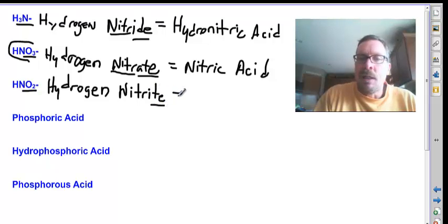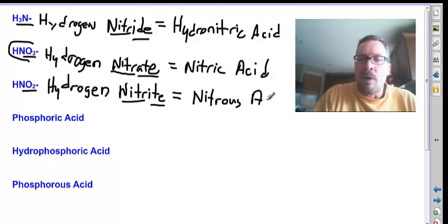Now, the ITE endings say, again, just take the stem of the word and add us. So this becomes nitrous acid only because its normal ternary name ended in ITE, nitrous acid.